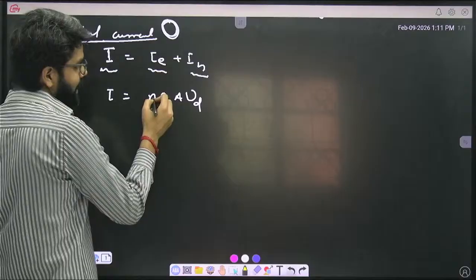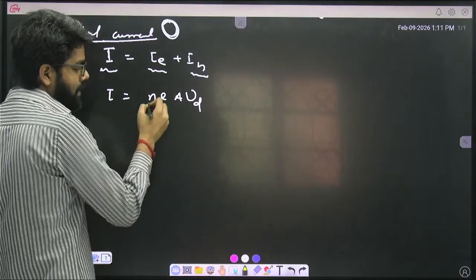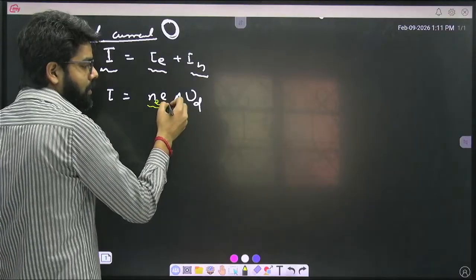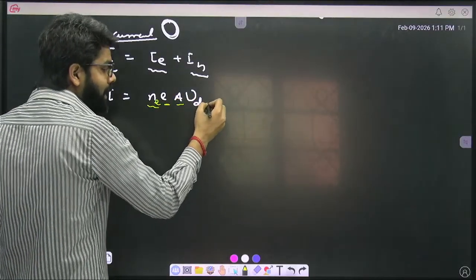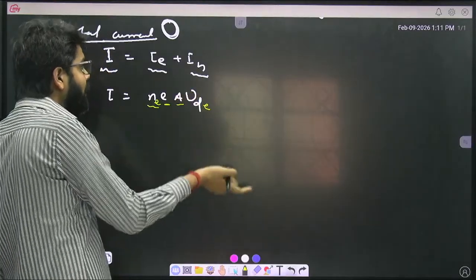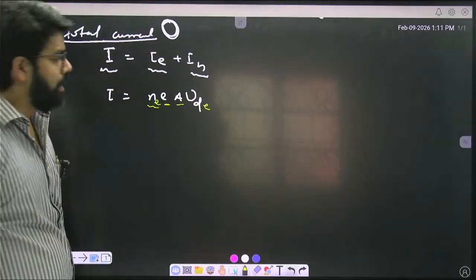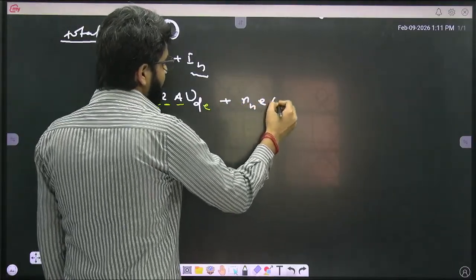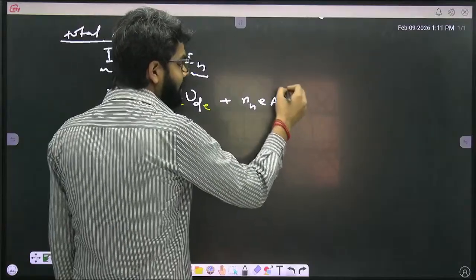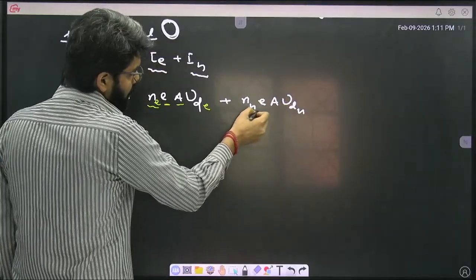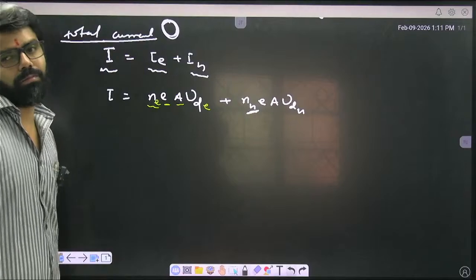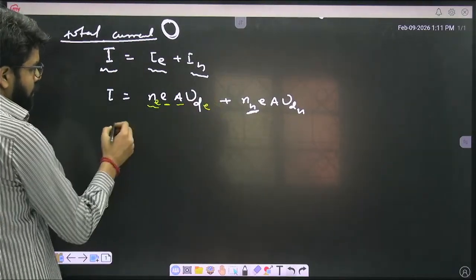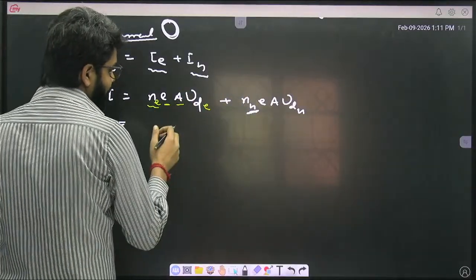So here n_e is the number of electrons, e is the charge of the electron, A is the area, and v_de is the drift velocity of the electron, plus n_h into e into A into v_dh. So this is the drift velocity of the holes, and n_h is the number of holes in the kind of semiconductor that we have taken. So the current is due to these two. All these things from here we can take as common.